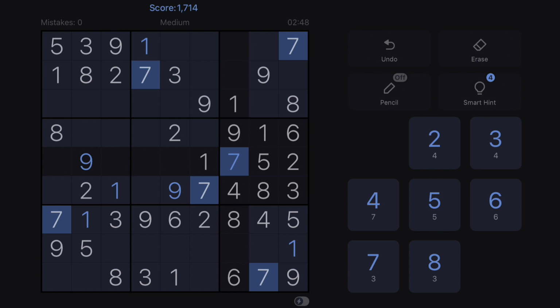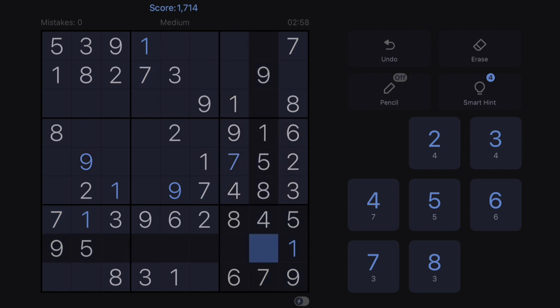Any easy pickings? We can take a look at this square right here. We have 2 numbers missing. That's the 2 and the 3. That's not helpful.